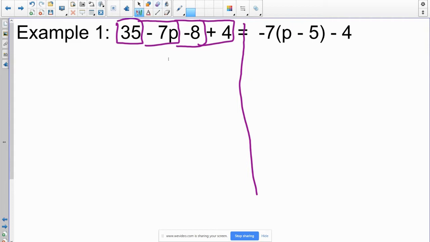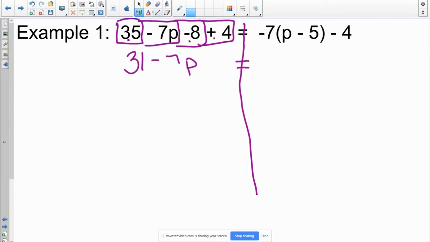I have a 35, which is a constant, a -8 as a constant, and a 4 as a constant. If I take 35 plus a -8 plus 4, that's 31. And the -7p is just hanging out because there's nothing alike to combine with -7p.